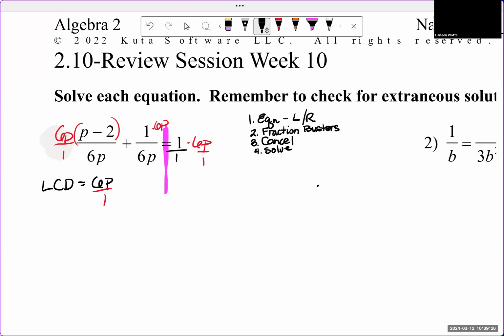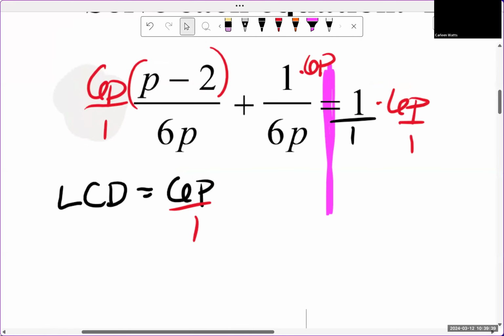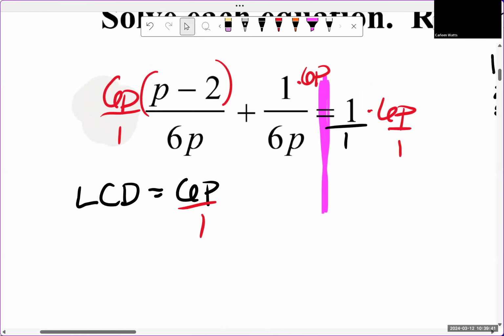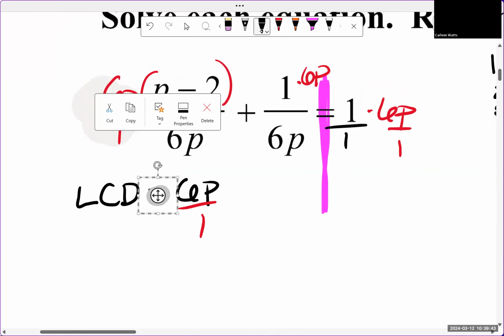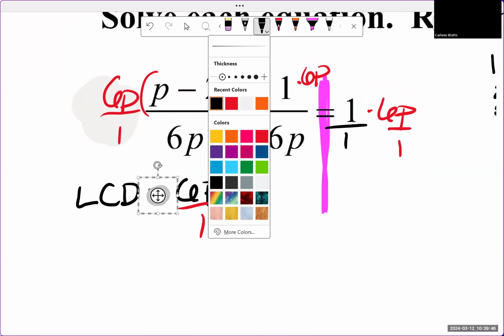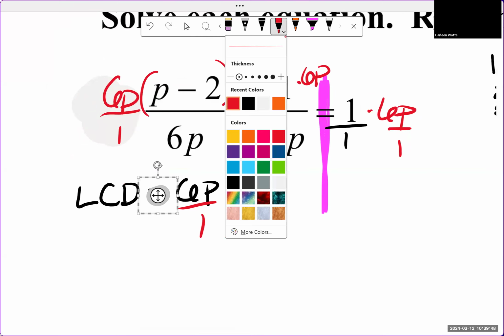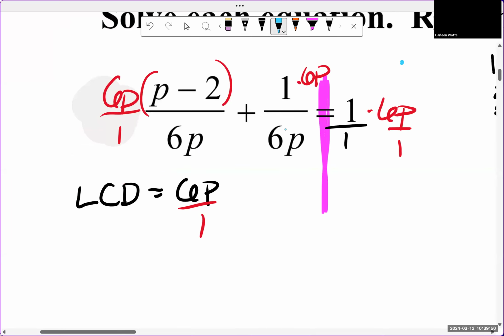The next step is what? Cancel, right? Okay, do we see anything we can cancel? Okay, so over here, we can cancel. Let's use a nice different color. 6p on top, 6p on the bottom. 6p on top, 6p on the bottom.